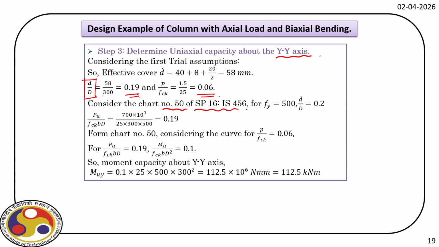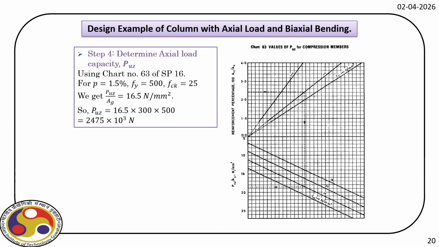So we have Pu by fck bD, again it is 0.19, and from chart number 50, the same way we did for the previous case, we can find out the value of Mu by fck bD squared, which is 0.1. So the moment capacity about the y-axis is 112.5 kilonewton meter. So we have obtained moment capacity about two orthogonal directions.